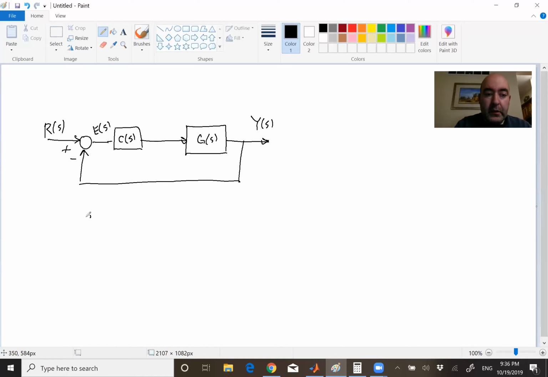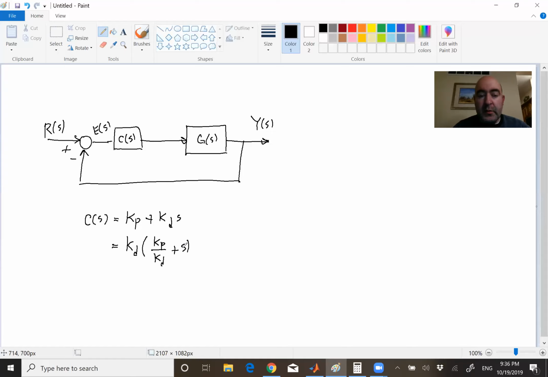So PD controller is going to have a proportional term, let's show it with K of P, plus a derivative term, which is like KD times S. I can take a KD out, and then I can write KP divided by KD plus S. So that's how I can rewrite my PD controller.